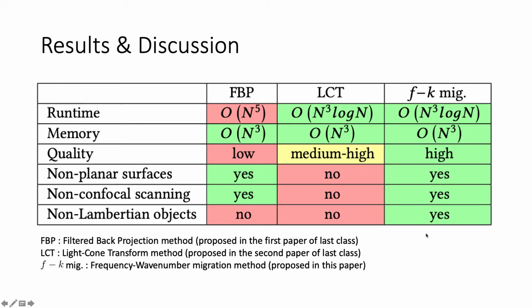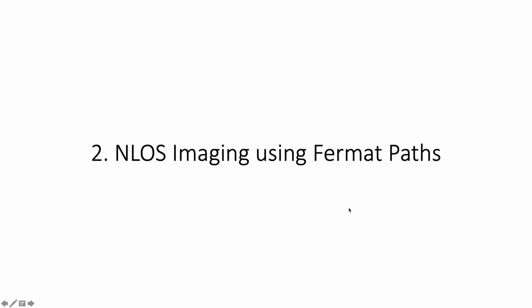What's more, FBP and LCT require some parameter tuning, especially in the presence of noise, while FK migration works by simply redistributing frequency coefficients and has no tunable parameters, which makes it easier. Okay, so far so good.